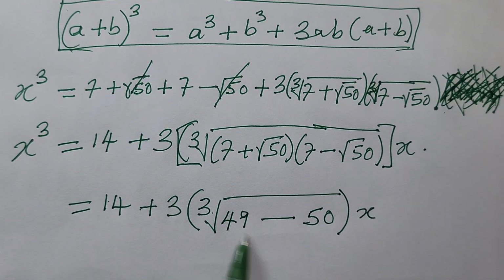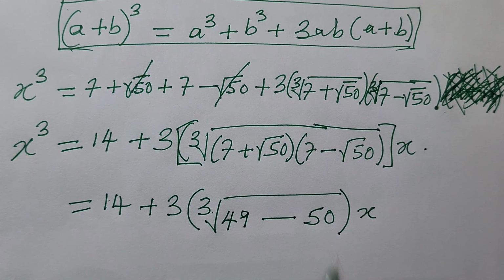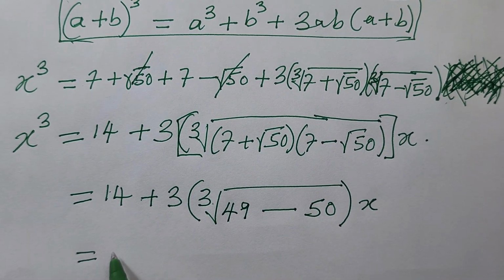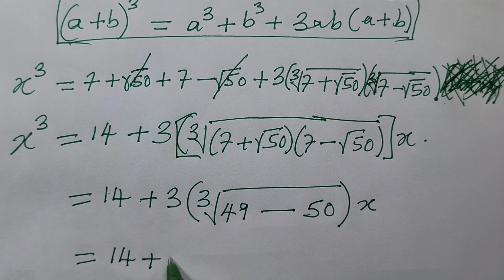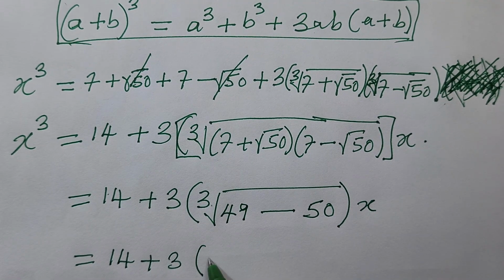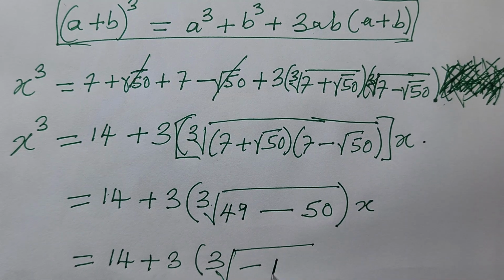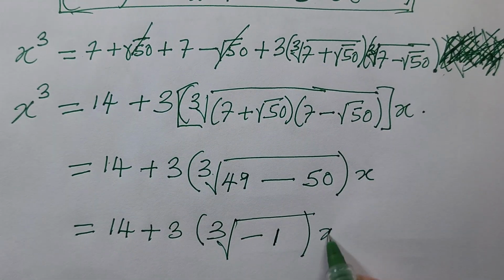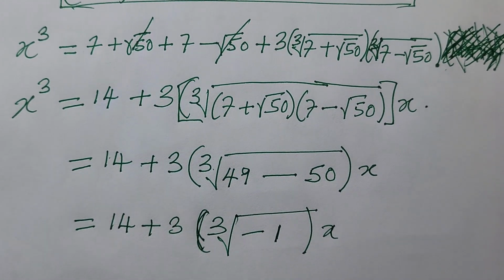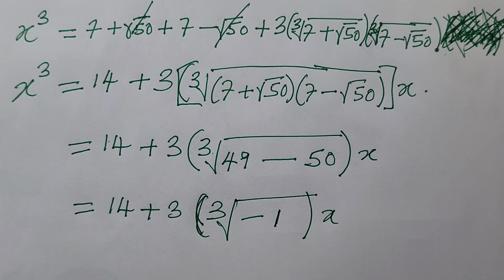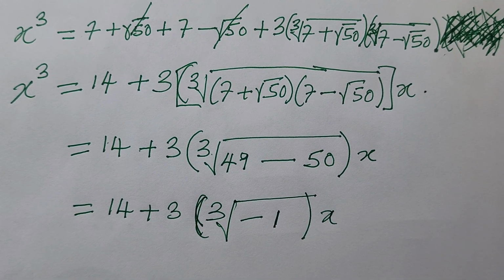So we can subtract this from this easy, and this will give us minus 1. So we're going to have this to be our 14 plus our 3 into the cube root of minus 1 here, close bracket into our x here. Okay, we are almost there. So what is the cube root of minus 1?